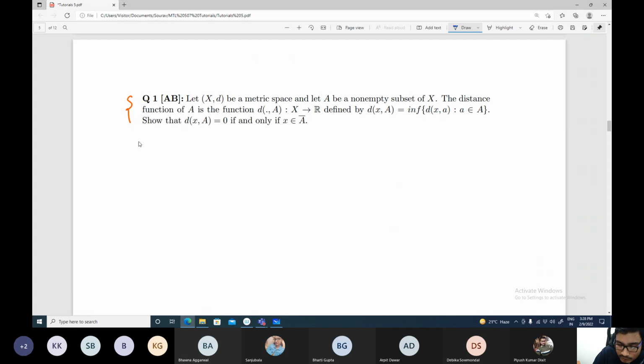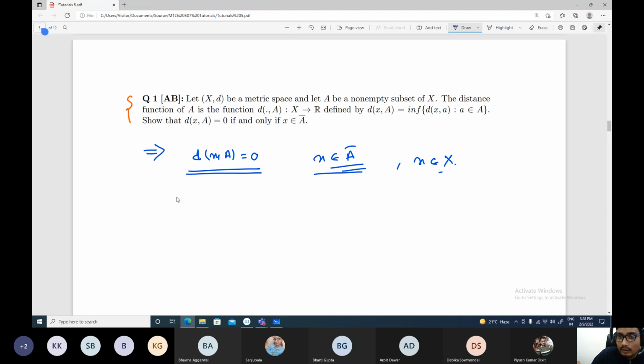Okay, so let's first prove the forward direction. Suppose d of x comma A equals 0. You have to prove that x belongs to A closure, where x is an element from X. So what do you have to take to prove that x is in A closure?